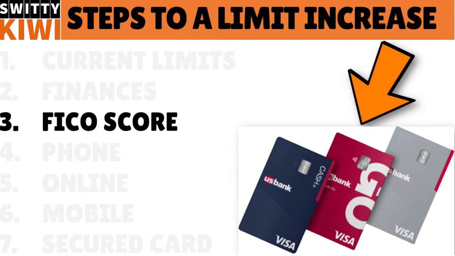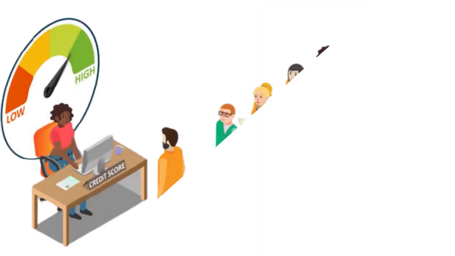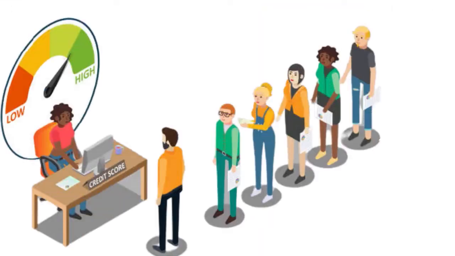Anytime you request a credit line increase, it means that you are changing your risk exposure vis-a-vis the bank, and the bank wants to make sure they are covered while giving you the extra limit. It's important to check your FICO score regularly to make sure that the FICO score US Bank is going to see when they do a soft pull or hard pull is indeed the right one.